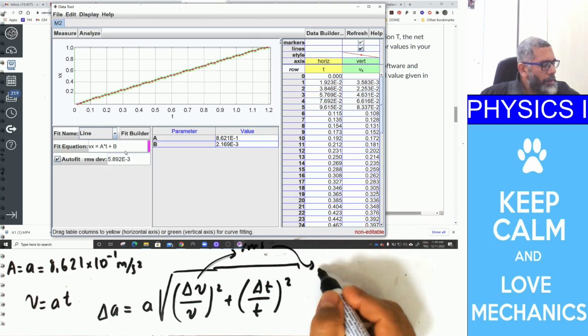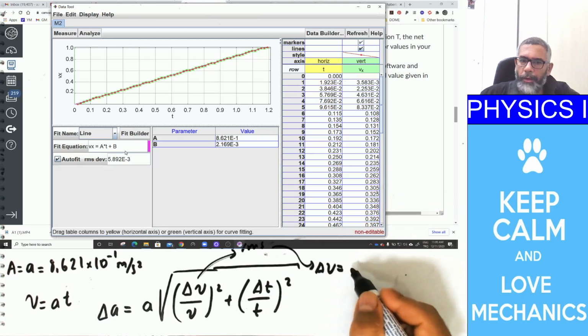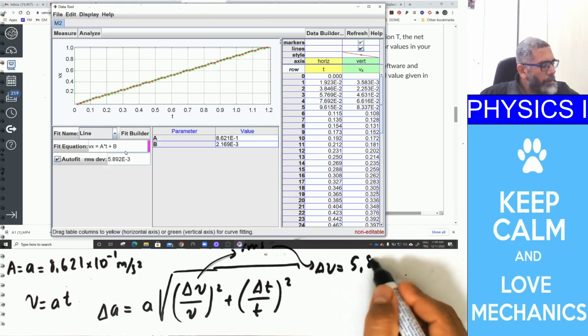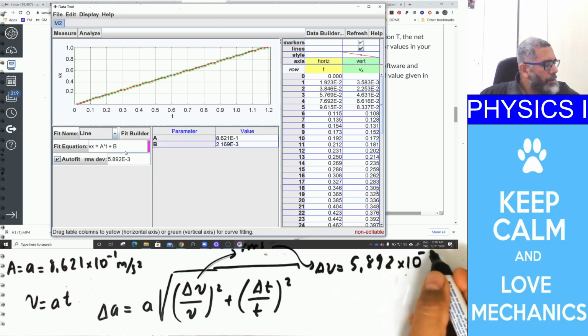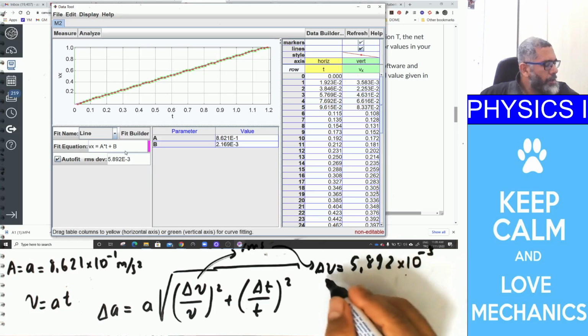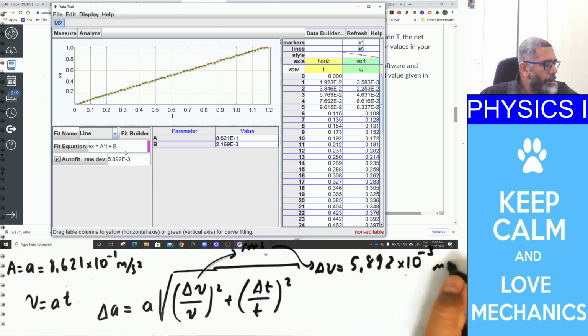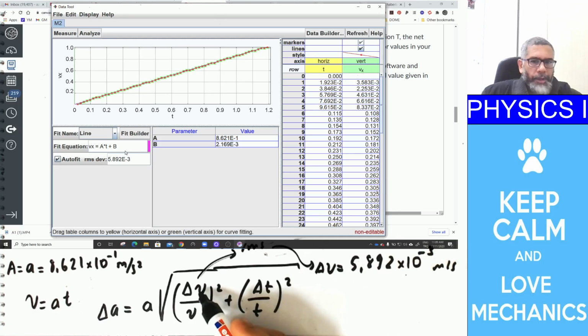It is delta V equal to, I'm reading, 5.892 times 10 to minus 3. Of course, since this is delta V, it is meter per second. This is the value you put over here in this equation.